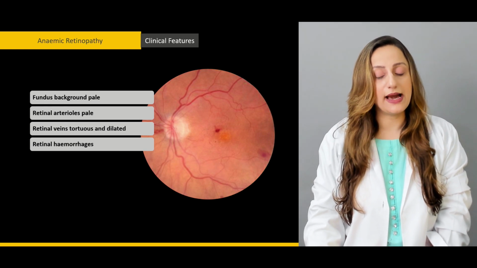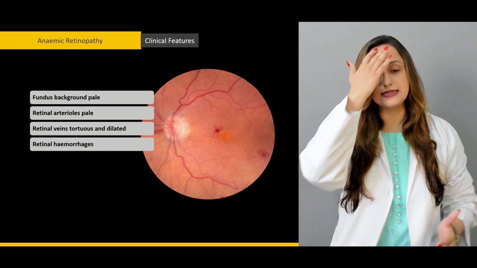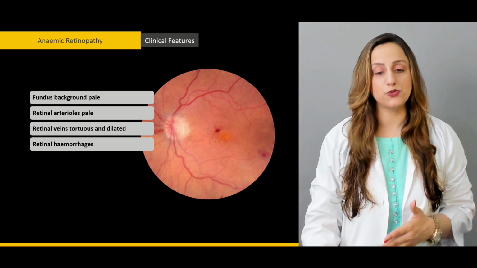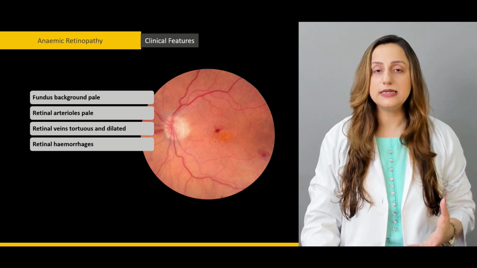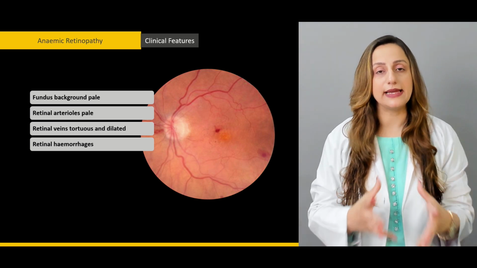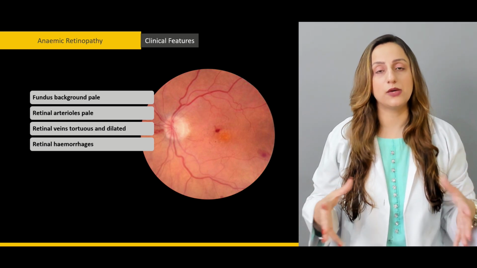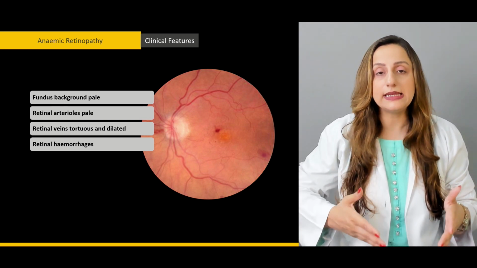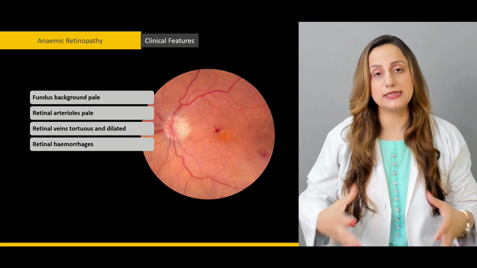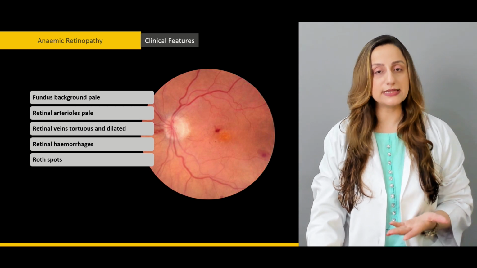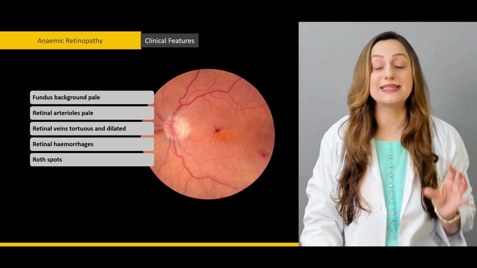Then finally, we can see that there are retinal haemorrhages that are also going to be observed in these individuals. Again, the tortuosity and the dilation of the veins is going to hinder the normal vascular permeability, and finally it is going to lead towards the retinal haemorrhages. Roth spots are basically the hemorrhages with white centers.